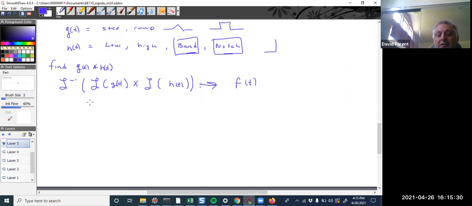All right. So let's look at h(t) of a low pass filter, a real low pass filter. It's this.